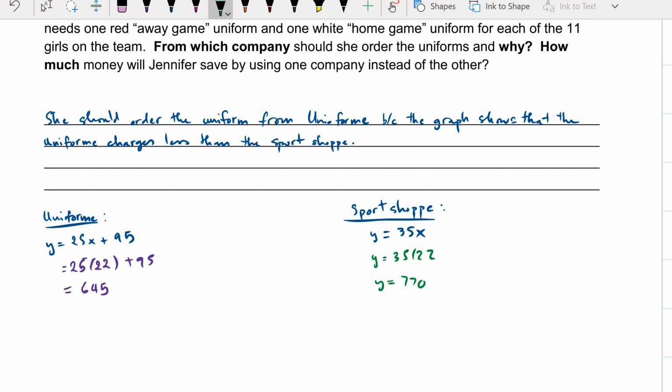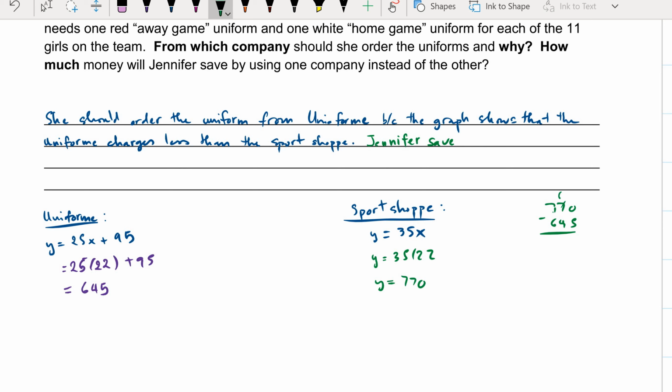So I would say Jennifer saved 770 minus 645.